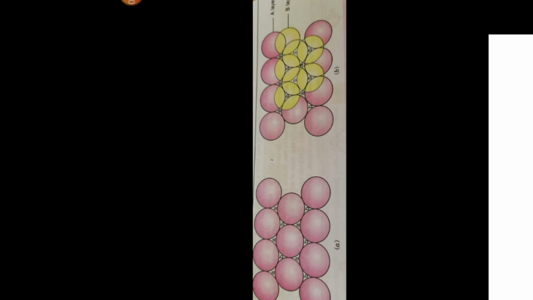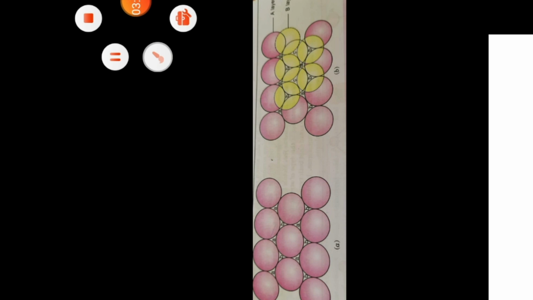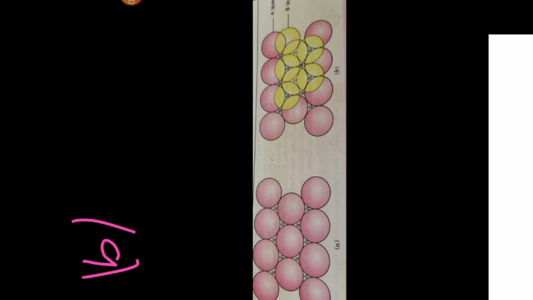Okay students, now we are reaching the point B. In the point B, what I told you, we have to cover the octahedral voids, means void D we have to cover. See beta, see very carefully.